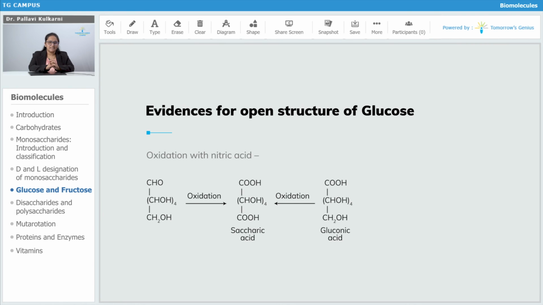In saccharic acid, both the aldehyde of the glucose and the CH2OH of the glucose have been completely oxidized to COOH, that is the carboxylic acid group. The same product can also be obtained by the oxidation of gluconic acid, which proves that in glucose there is an aldehydic functional group, that is CHO, and at the end it has a CH2OH group.